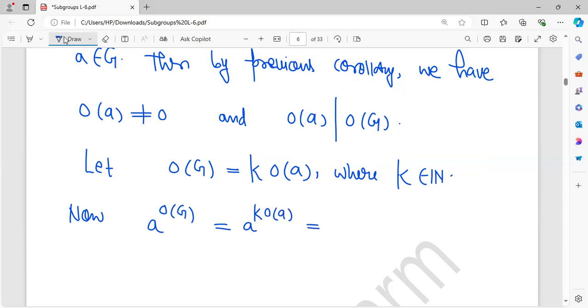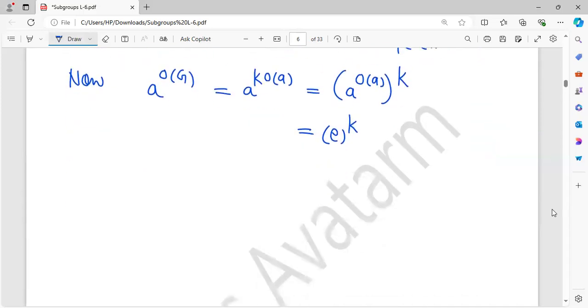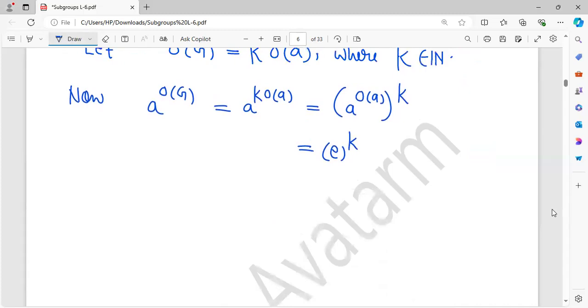So this is a raised to the order of a, power k. The order of a is the smallest integer such that a raised to that power is the identity. Suppose the order of a is n, then a raised to the power n is the identity.